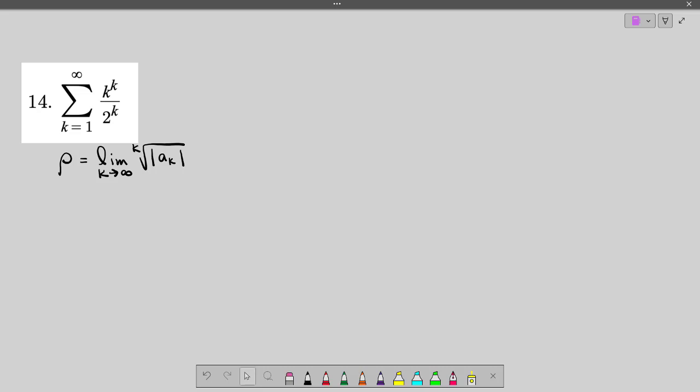So in our particular case here, we end up with the limit of the kth root of this. Isn't this just k over 2? Right? The kth root takes away the powers of k that we see in the numerator and denominator. And this limit, as k goes to infinity, is infinity. So therefore, we have divergence.